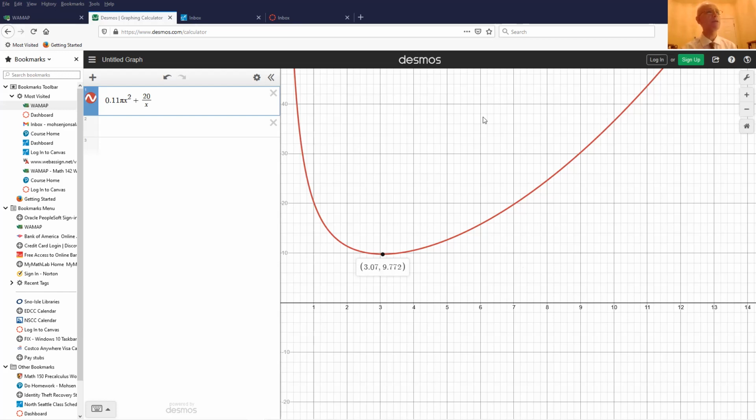So I'm going to stop share from here. I hope you saw this, that this is what we have, 0.11 pi. We had r squared, now I have x squared, same thing, just a different letter, plus 20 over r. All right, stop sharing and go back to my iPad.